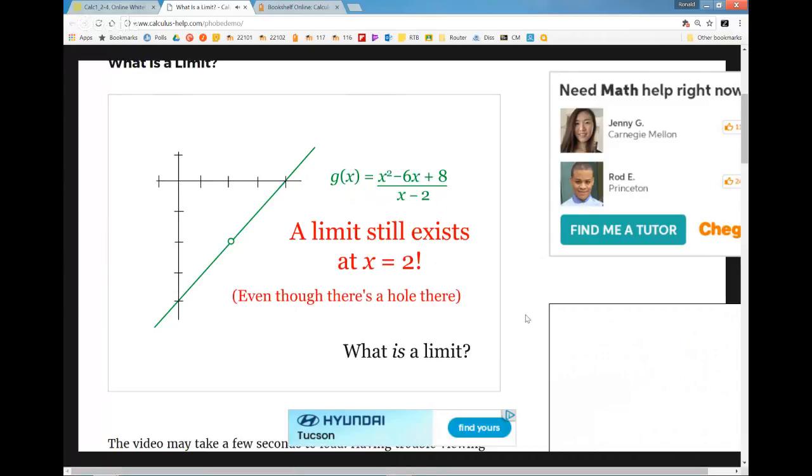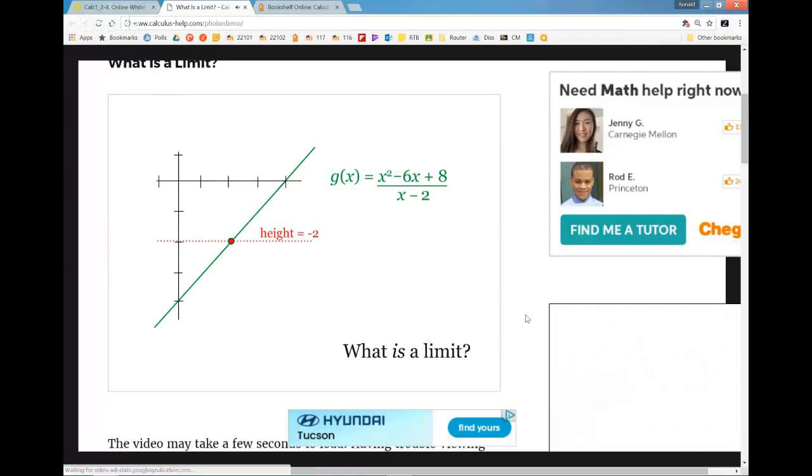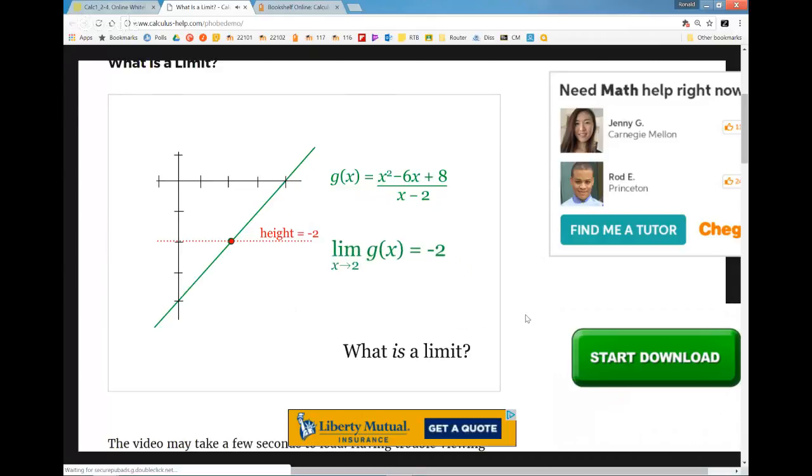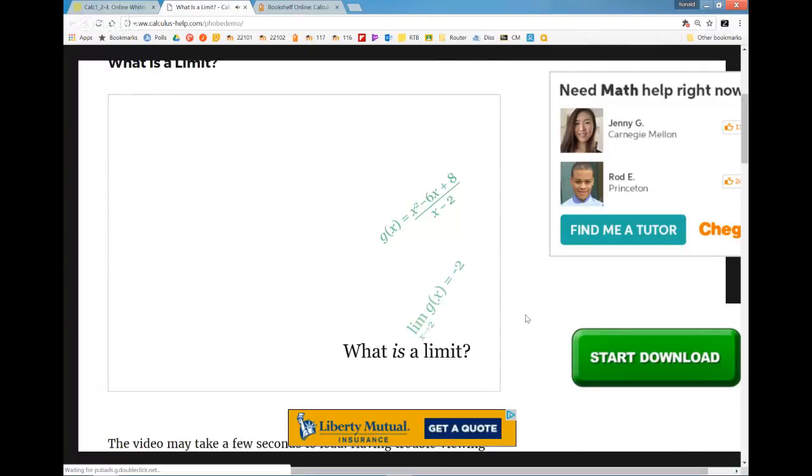Clearly, the graph intends to reach a height of -2 when x equals 2. Even though that graph doesn't actually reach that height, it doesn't matter. The limit still exists, and we can say that the limit as x approaches 2 of g of x is equal to -2. This begs the question, when exactly does the limit exist?